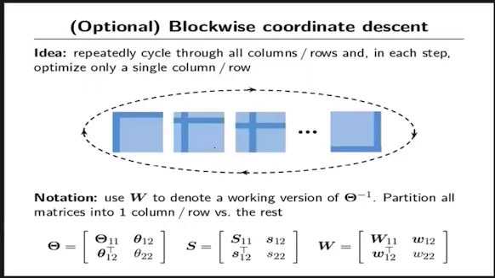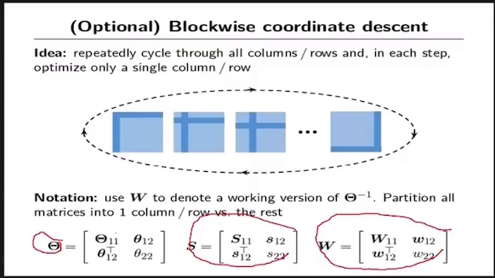In a blockwise coordinate descent, if I have several columns, I will focus on one column at a time. When I focus on one column, I fix the other columns and perform the optimization. If you take a look at what I have here, the precision matrix, we partition that into blocks, we partition the sample covariance into blocks, and we partition this guy also into blocks.